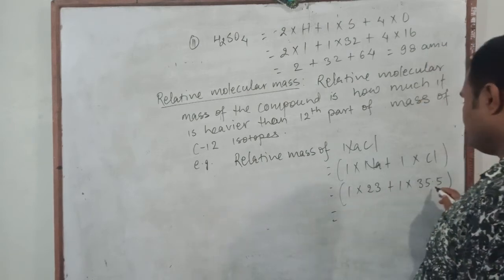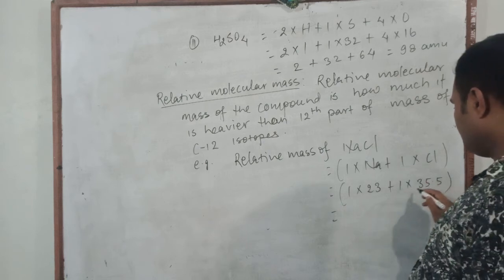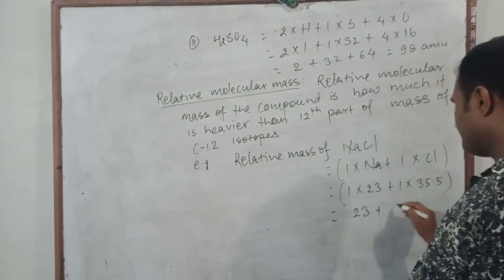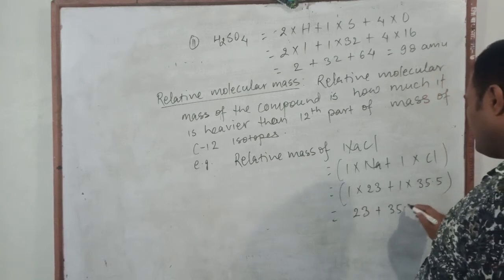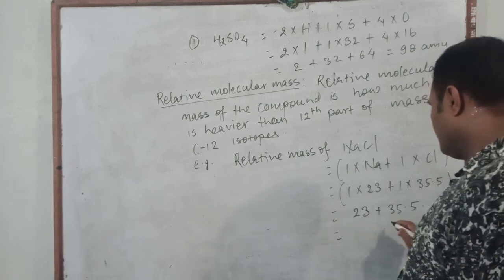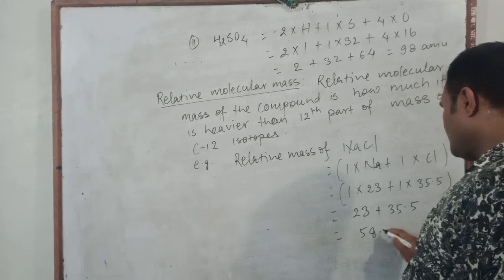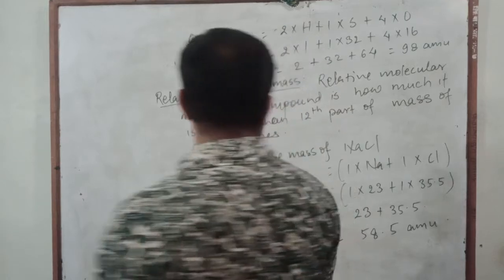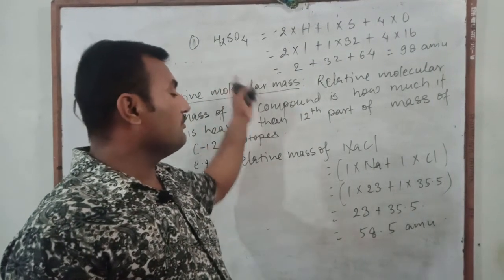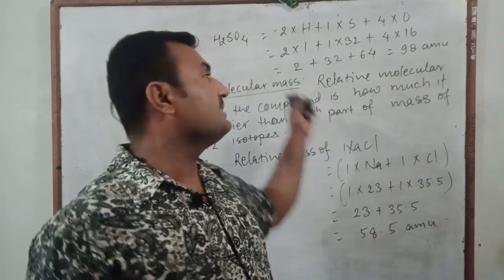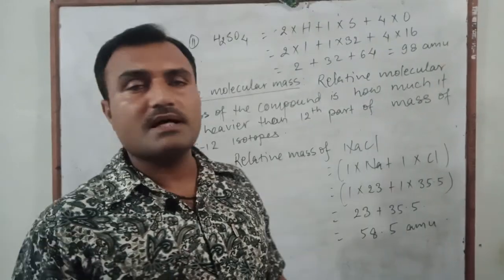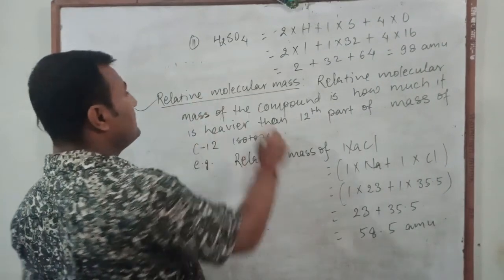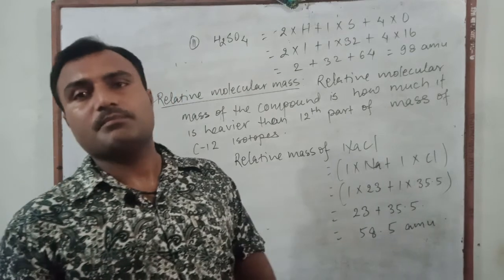Then we get 23 plus 35.5 equals 58.5 AMU, the relative molecular mass of the compound. If we add the sum of atomic masses, it becomes molecular mass. The sum of relative atomic masses is called the relative molecular mass of the compound.